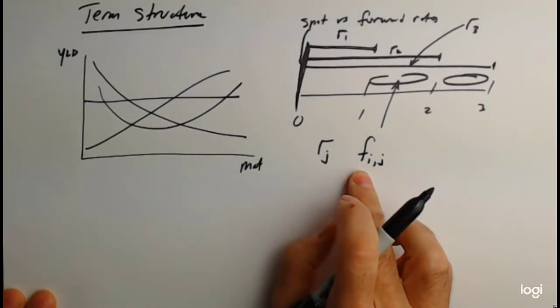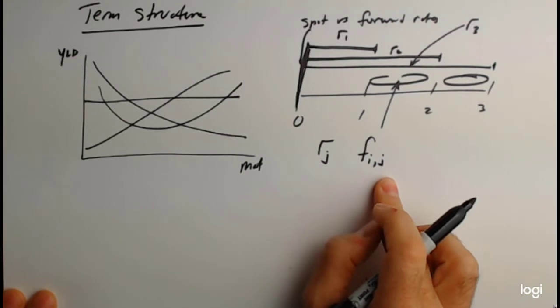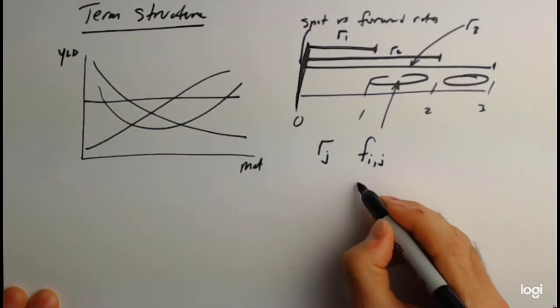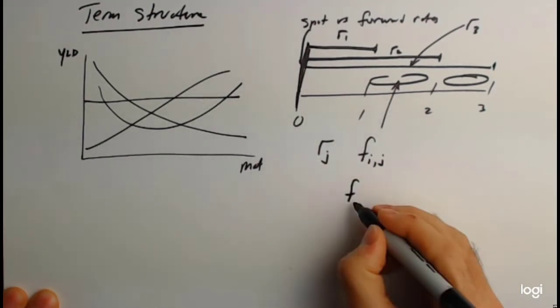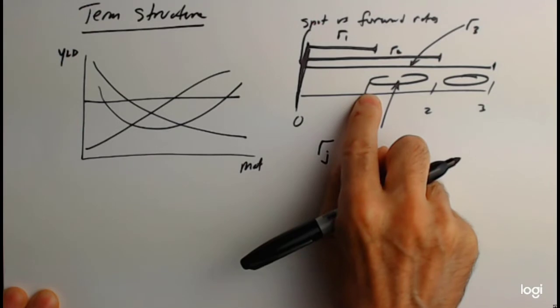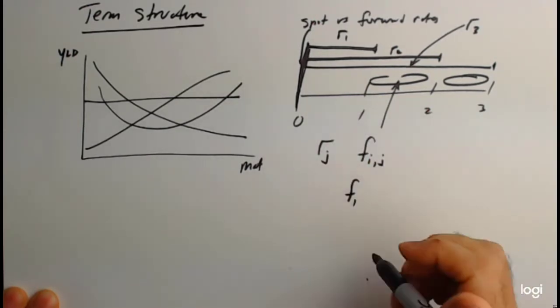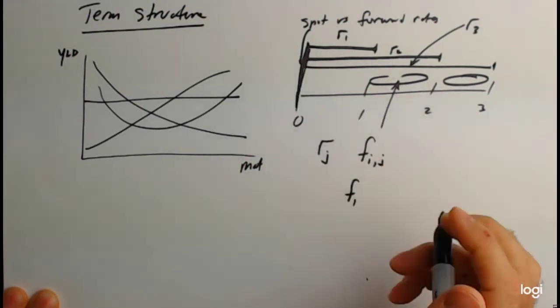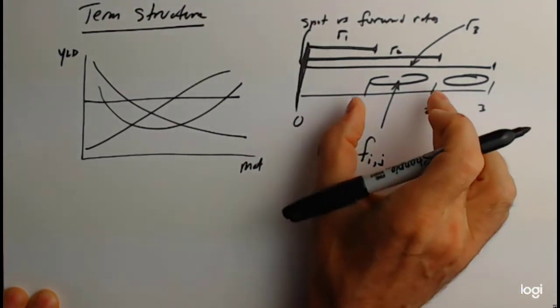A forward rate with 2 subscripts. Okay, it gets a little confusing, but it'll help you clarify what we're talking about. So right here we have F11 because I stands for when the interest rate begins. It begins at period 1, and that's what the I stands for. And then J stands for the duration. So this is period 1 for 1 period.